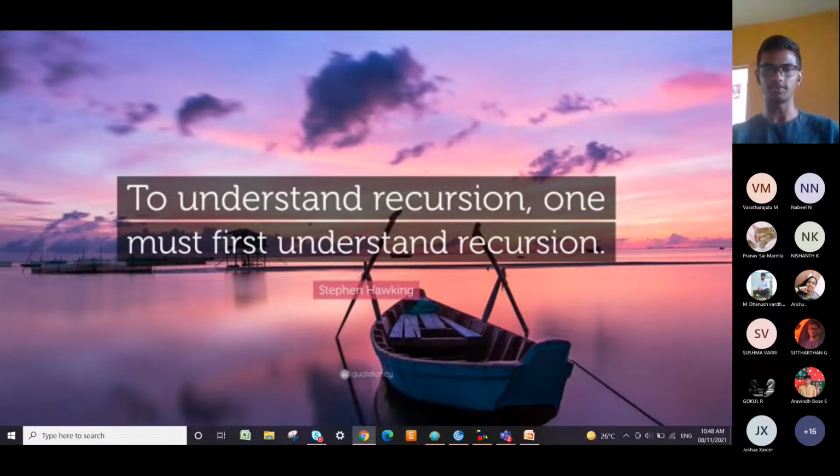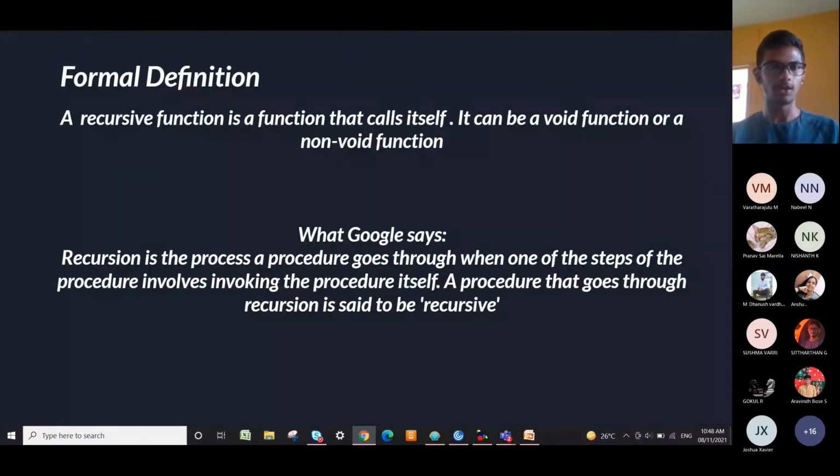Let's get to a formal definition of recursion. To understand recursion, one must understand recursion. This is not exactly the formal one, but we'll proceed to a formal definition. A recursive function is a function that calls itself. It can be a void function or a non-void function.